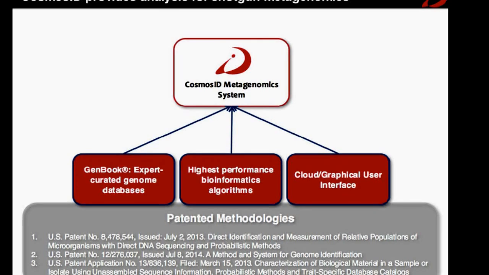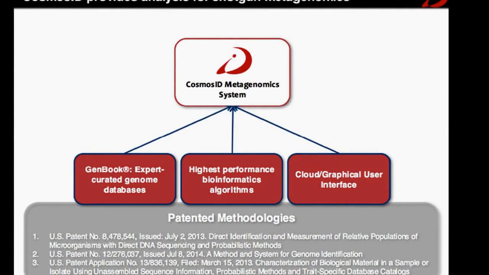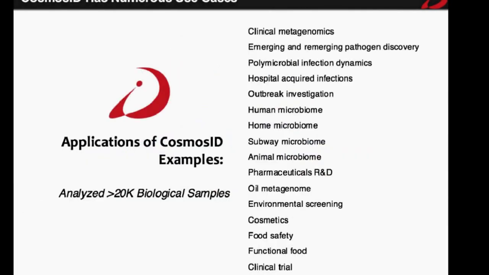So, GenBook is the database that we very highly curated to eliminate error and contamination. As we all know, we have introduced contamination either from, let's say, the human sample, so we eliminate the human sequences, or from the technician who's preparing the DNA, who sometimes introduces a contaminant. Or, let's be honest, even the reagents that are used for extraction can contain a contaminant.